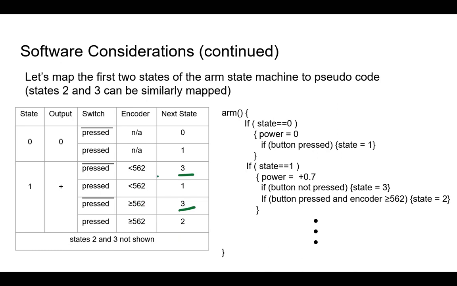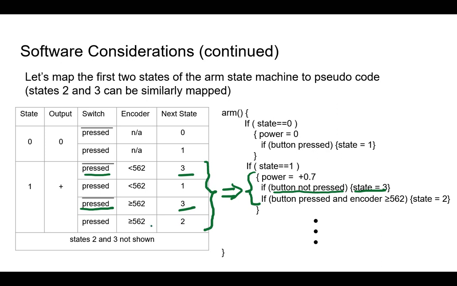No. So we're only interested in the transition to state 3 being the button pressed or not. So we say if the button is not pressed, then we go to state 3, and then we leave. So I hope you see that in a somewhat more complicated state transition, there is still a very easy to map set of lines of Java that fully executes this particular state.